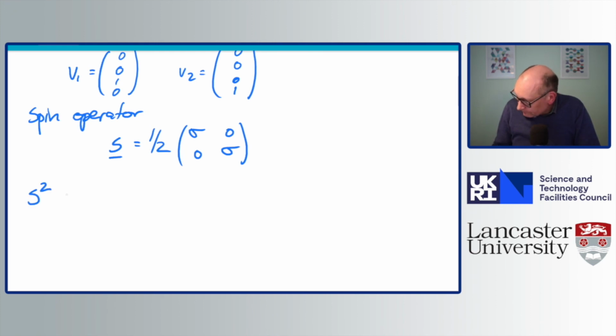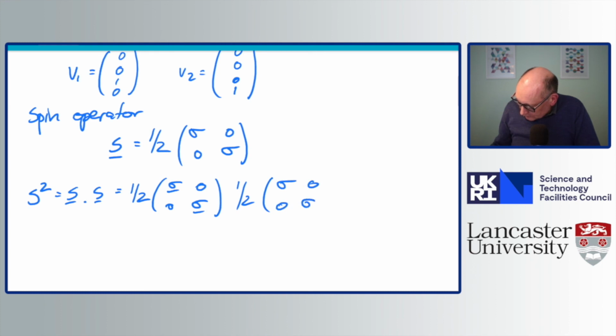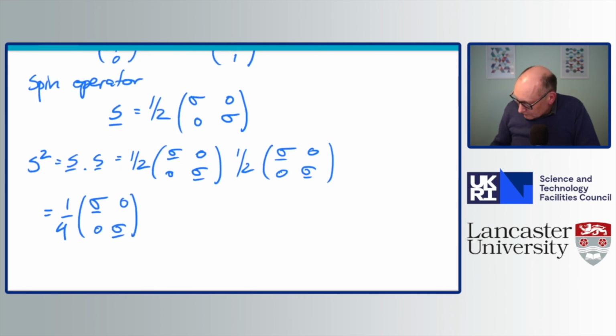S squared is equal to S times S, which is a half sigma 0, 0, sigma times a half sigma 0, 0, sigma, which is a fourth sigma squared 0, 0, sigma squared.